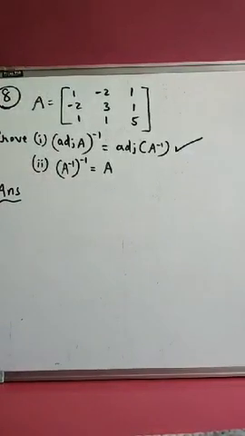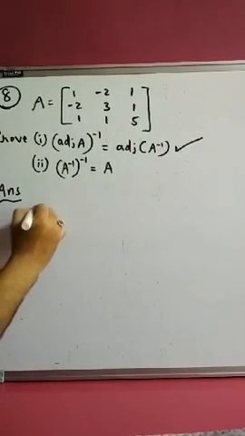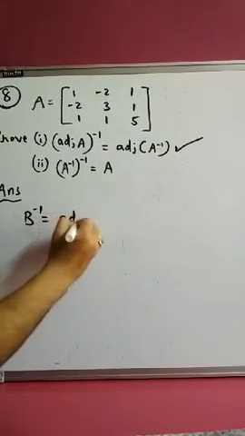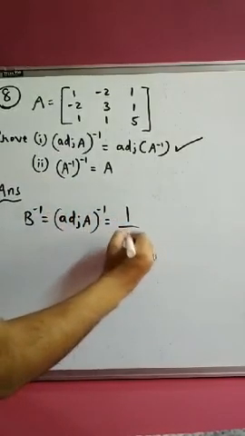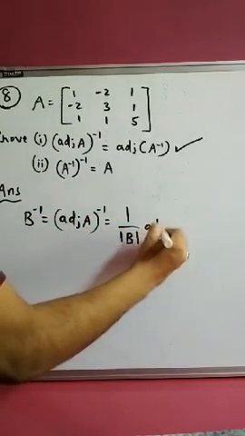So B inverse is nothing but (adjoint of A) inverse, which is 1 by determinant B into adjoint of B.